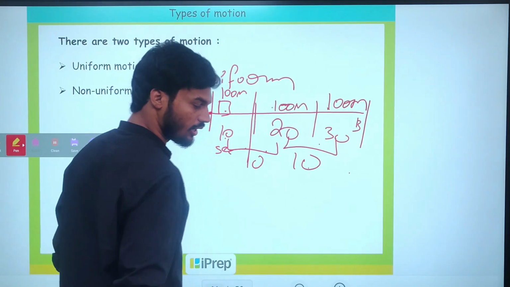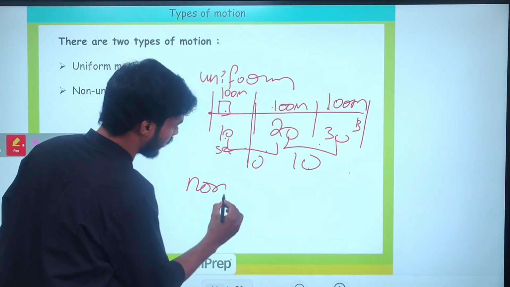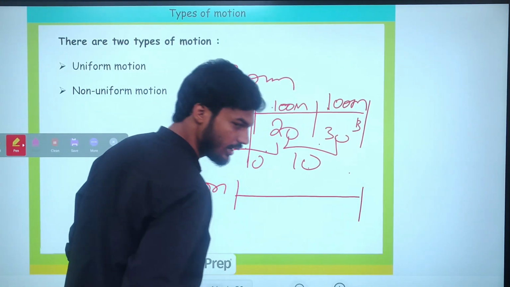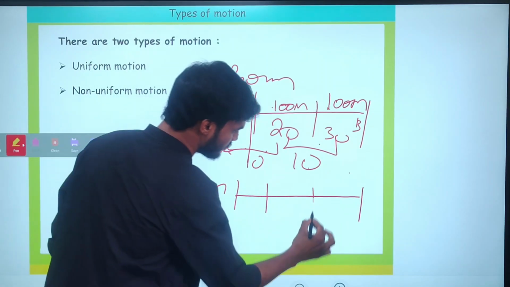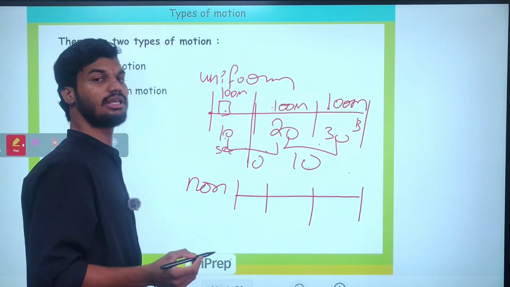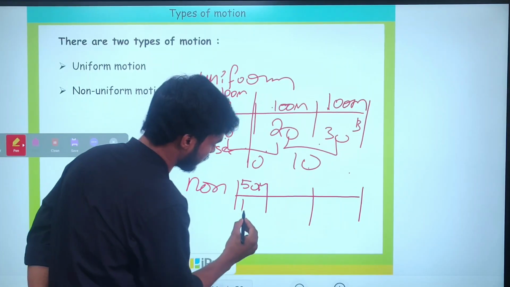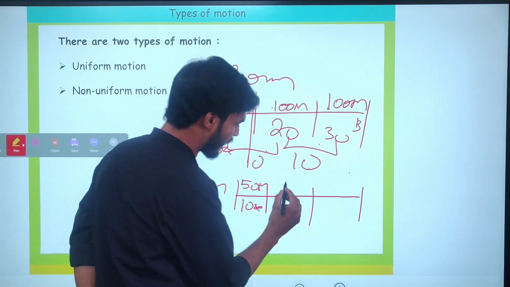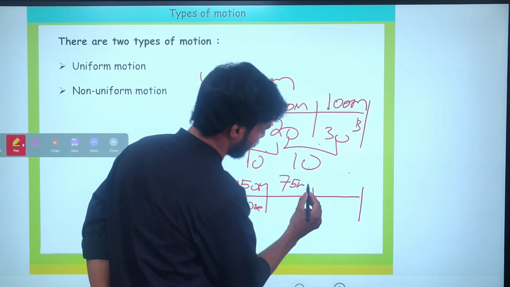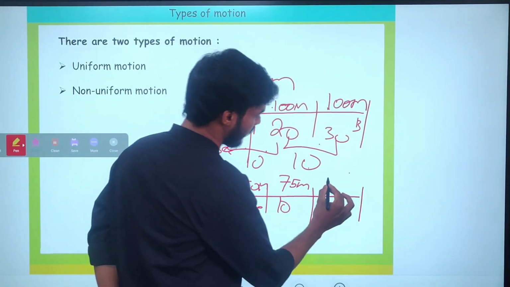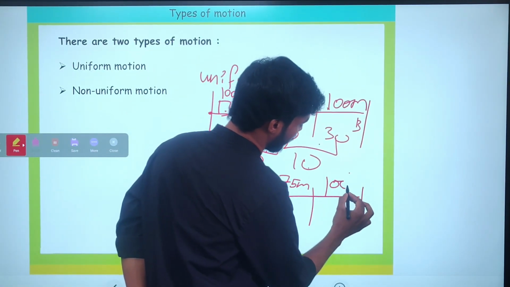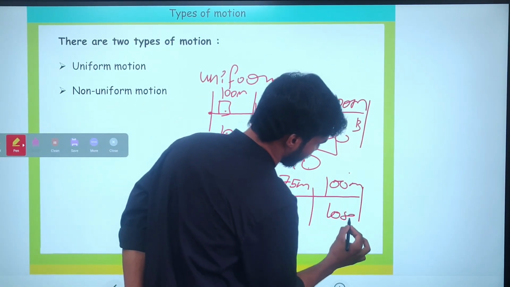Non-uniform motion is quite the opposite. The object covers unequal distance in equal intervals of time. First, it travels 50 meters in 10 seconds. Next, it travels 75 meters in 10 seconds. Then it travels 100 meters in 10 seconds.